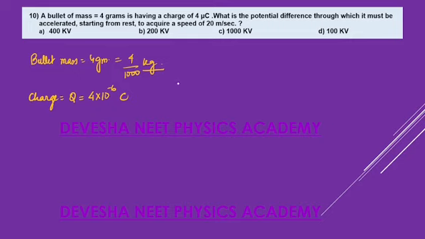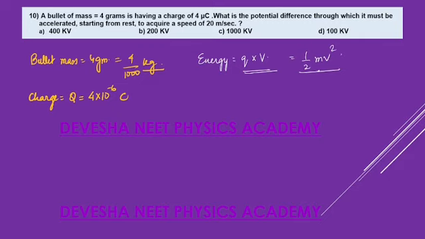So we all know what energy is. In the previous problem we saw that energy is equal to charge Q into the voltage, right? Also energy is equal to half mv square. This is also the energy, right?